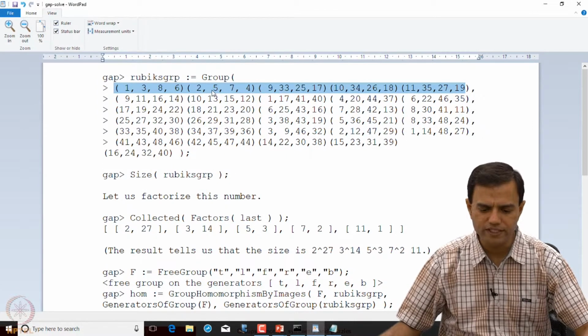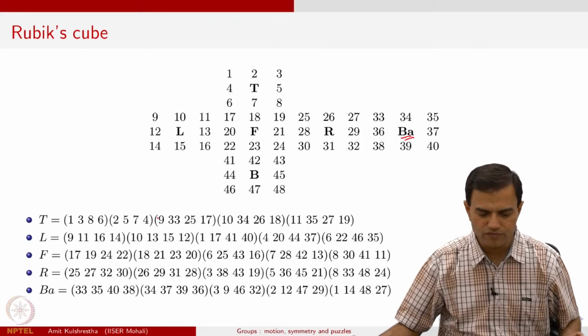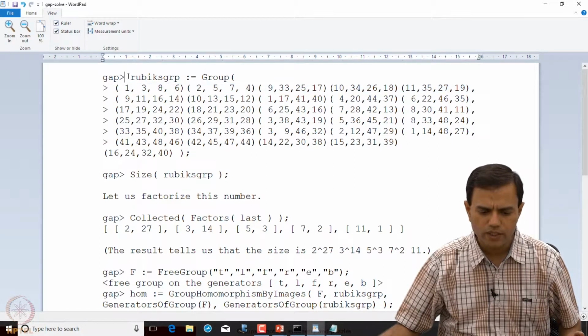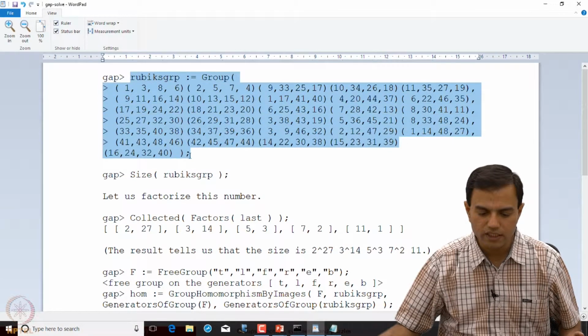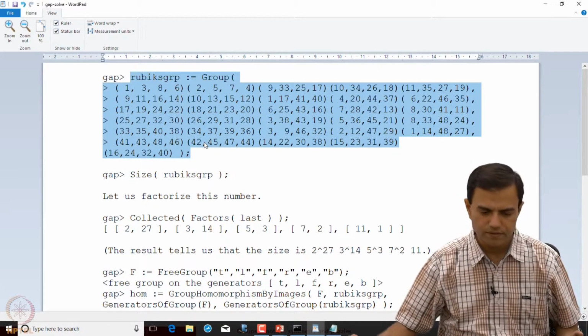You remember 1, 3, 8, 6, 2, 5, 7, 4. These 1, 3, 8, 6, 2, 5, 7, 4, and so on. So I just cut and paste all this in the GAP software.